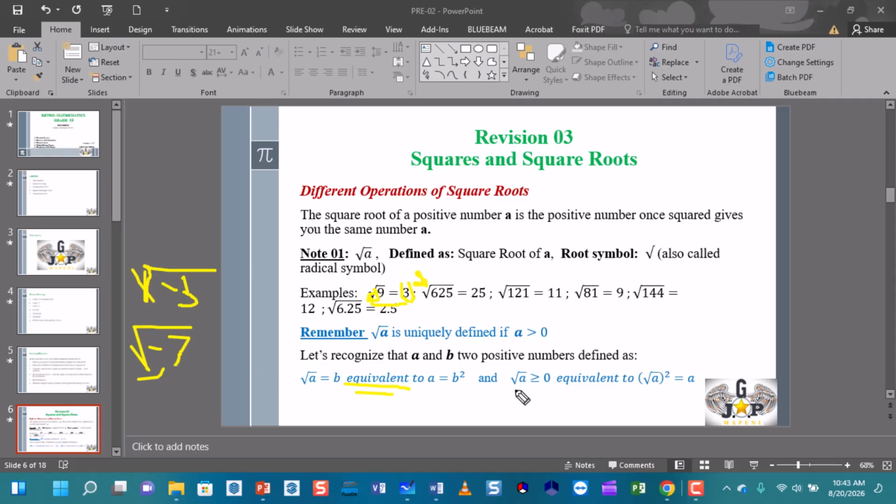That's why this rule comes into play: the square root of a is always greater than or equal to 0, which is equivalent to the square root of a, all squared, giving you a. Meaning what?